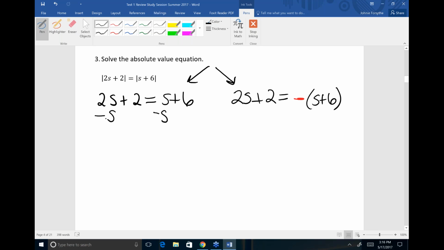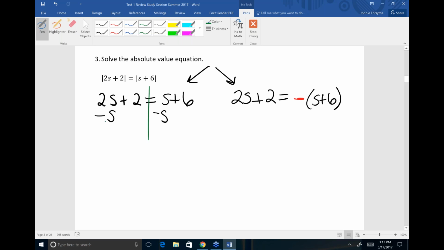Remember, for an equation, you want to keep that equation balanced. Think about this equal sign as a balance beam. If you subtract s, or subtract anything from the right-hand side of that balance bar, you have to subtract that same thing from the other side to keep your equation balanced.